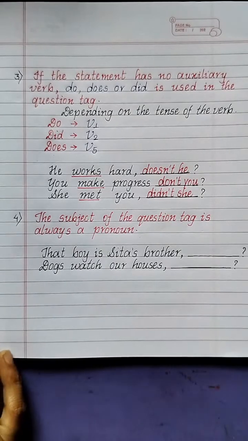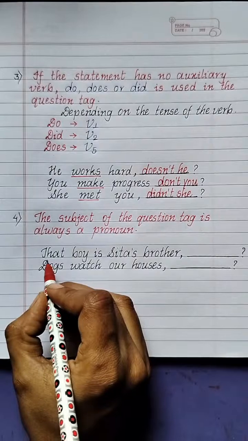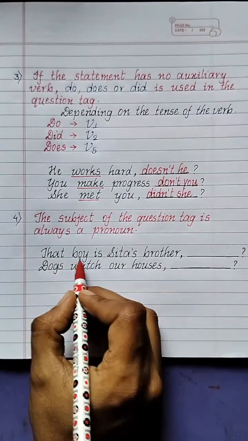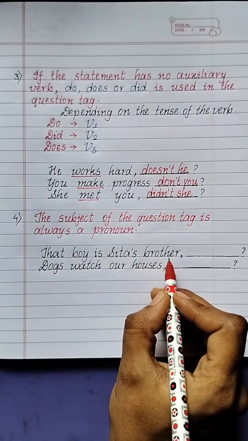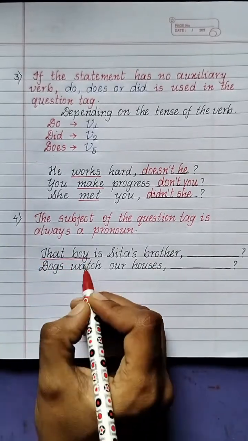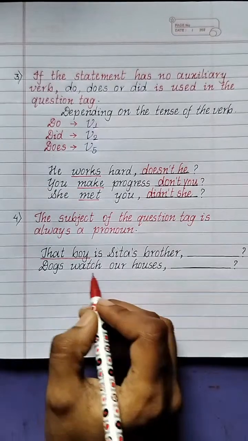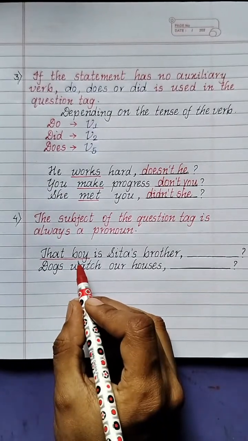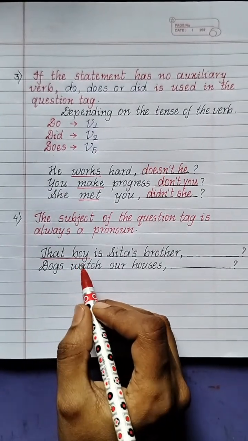Okay, so you can see here in the first sentence, that boy is Sita's brother. That boy. Let's change this into a pronoun. So for that boy we can use he.